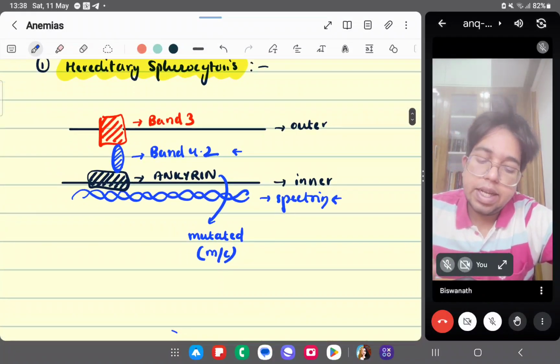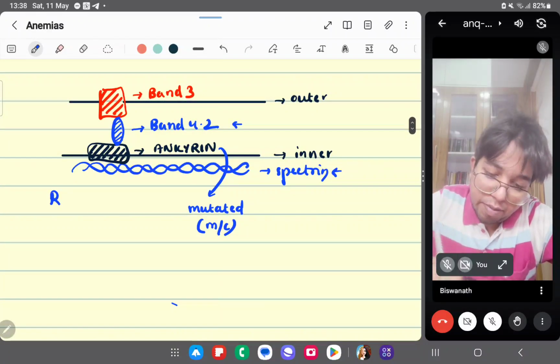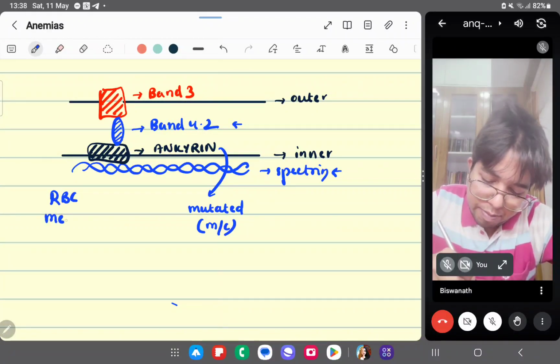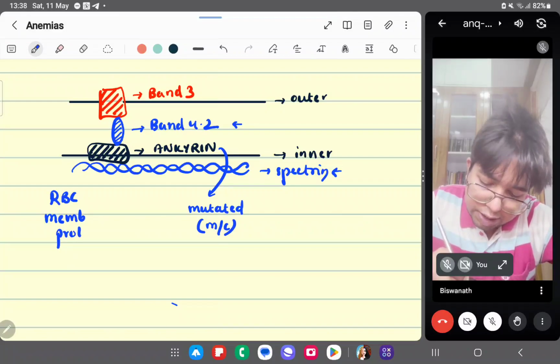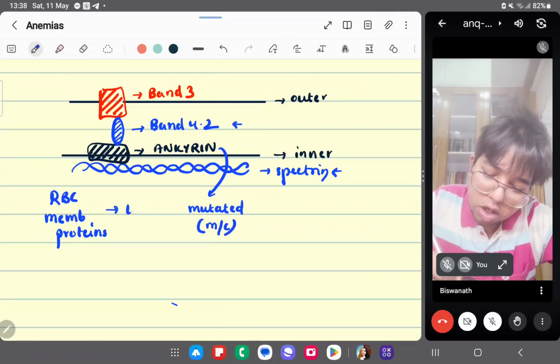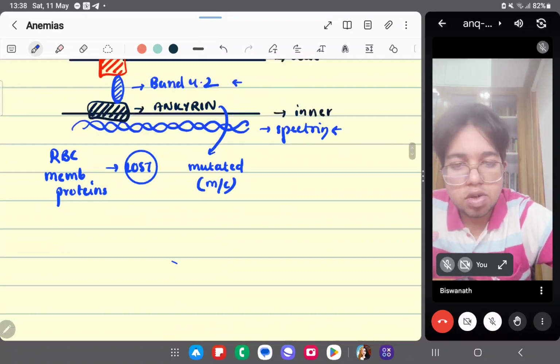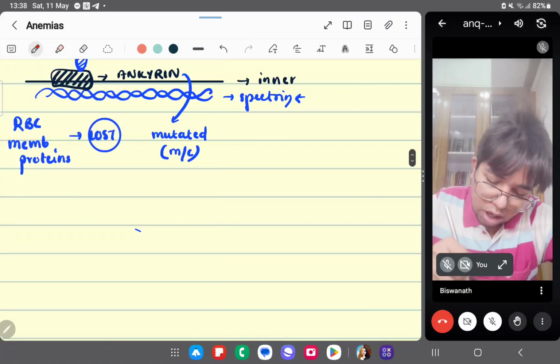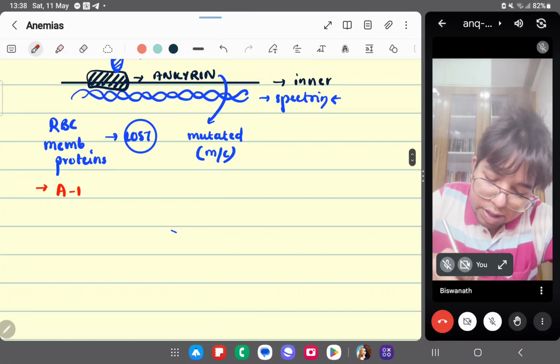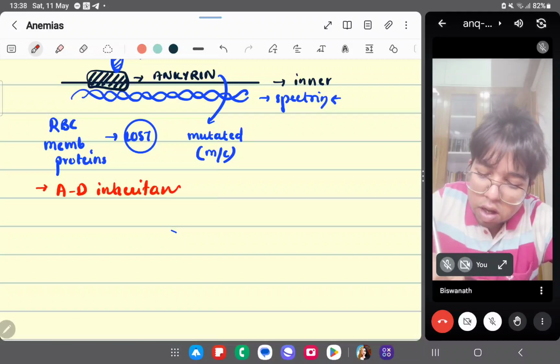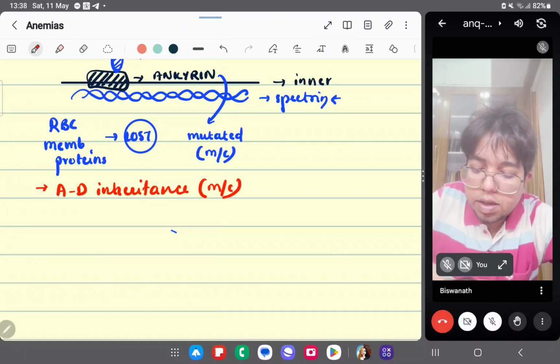So basically, the etiology is loss of RBC membrane proteins. Understood the problem? The most common inheritance is autosomal dominant.